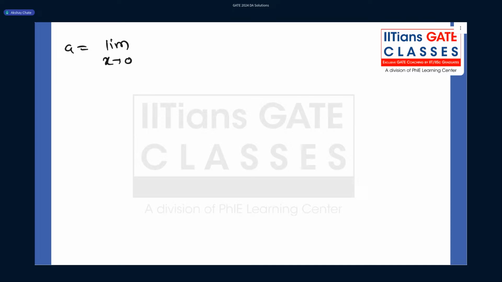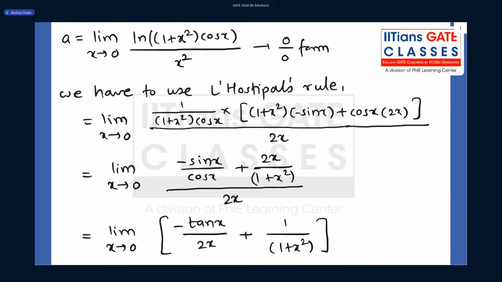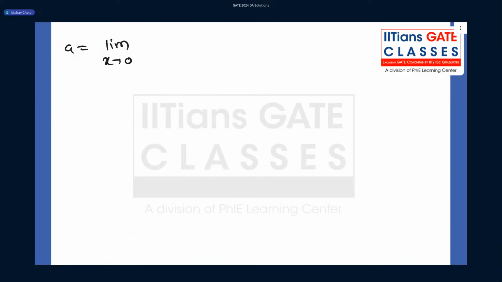Now we can take the limit inside the brackets. So there, minus tan x by 2x plus limit x tends to 0 of 1 by 1 plus x square. Okay, so this value, if you put x equal to 0, it is 1.